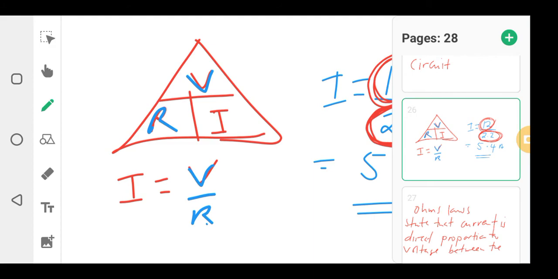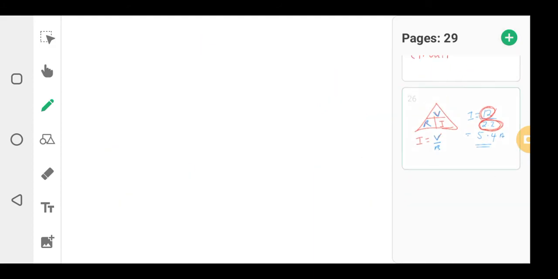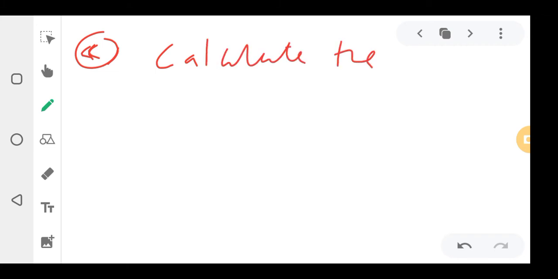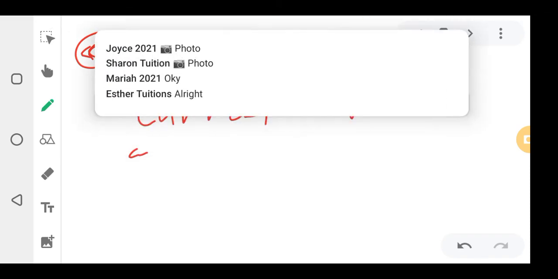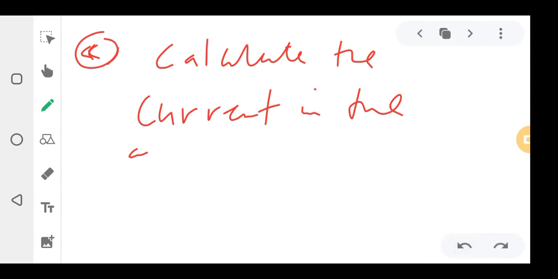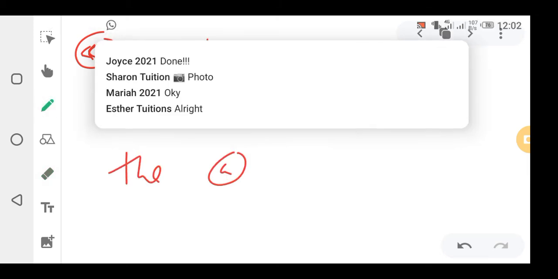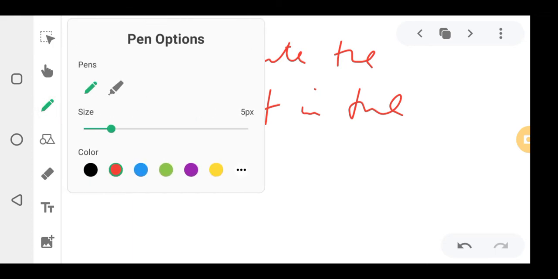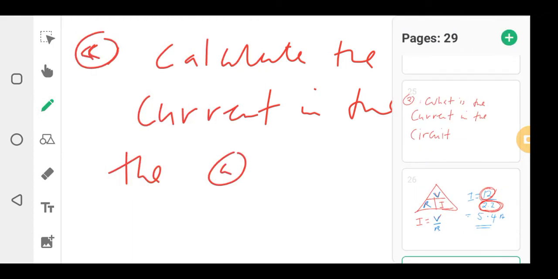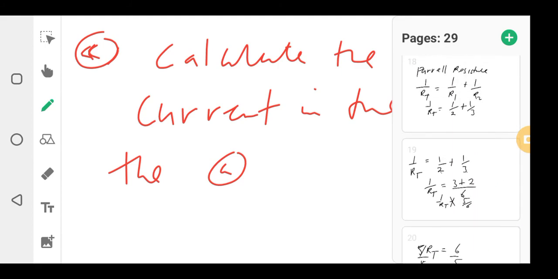So we are continuing with the same question, the same diagram, which has got 3.